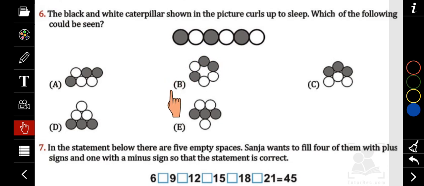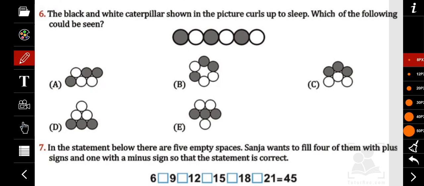Let's think of B and A. For B, for example, starting from any point like here, then we have got black, white, black, black, two white are there, but with that there is going to be something like black and white are not occurring alternately.